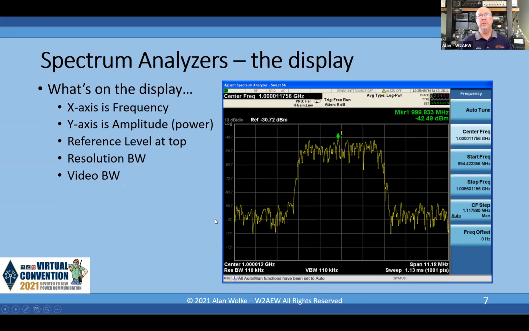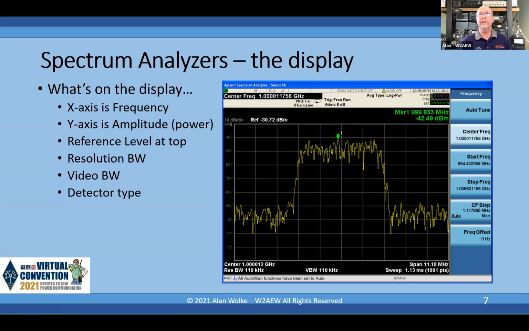The effect of VBW is just to minimize the variation on the trace that you see here. It's not going to do much else than that, but it really tends to smooth the traces out. So the value of that will also be set. If the video bandwidth is set to the res bandwidth or higher, it's effectively off. It's only when the video bandwidth is substantially narrower than the resolution bandwidth that you'll start to see its effect.